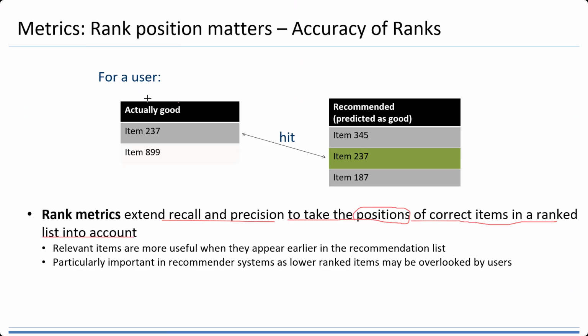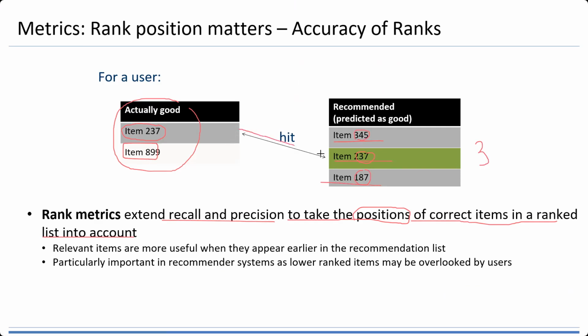So let's say for user one, item 237 and item 899 are actually good, so the user likes those items. But when we make the recommendation, we recommend item 345, 237, and 187.